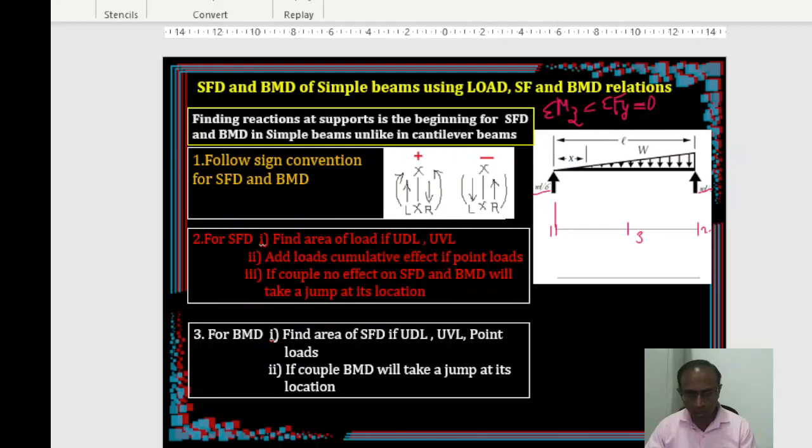So let us mark that ordinate WL by 6. So this is plus. Why plus? Because when you are on the left section, you are moving left to right, right? So that means you are on the left of the section. Your upward force, you are taking an upward force and moving towards the right, right? So in this case you have to take this as positive. So this is going to be plus WL by 6.